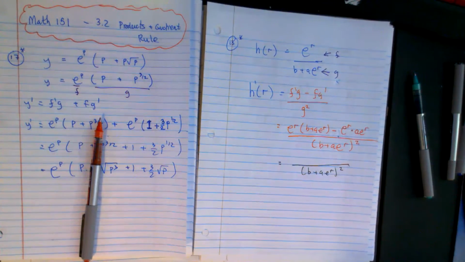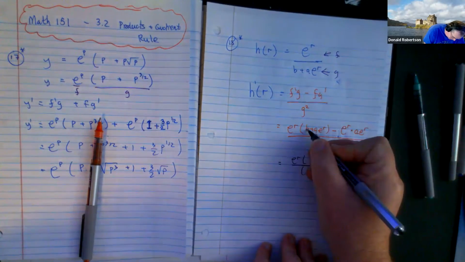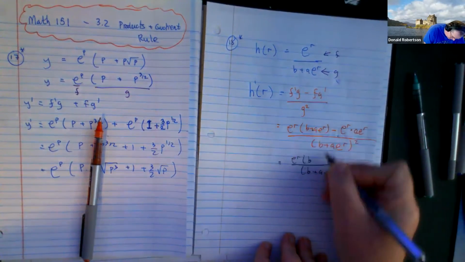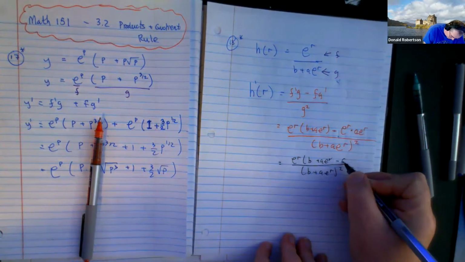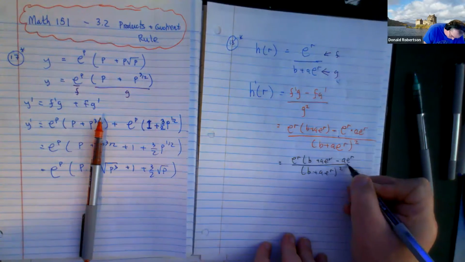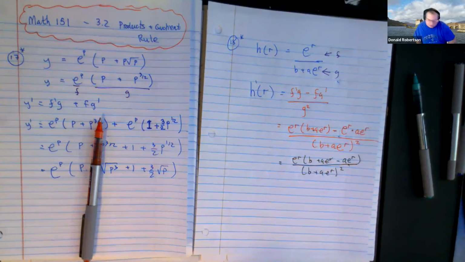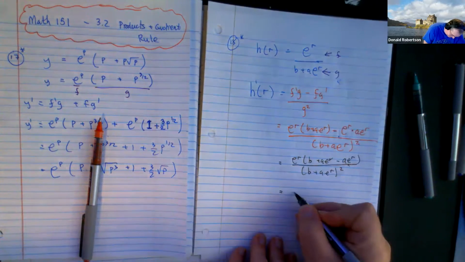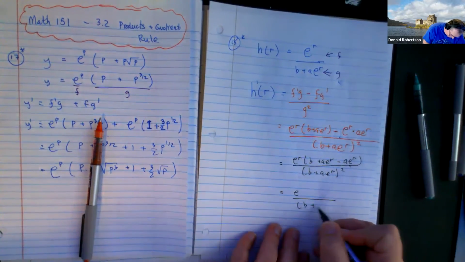If I factor out the e to the r, that's what I would suggest. And you're going to have a b plus an ae to the r. Subtract. Oh, that was nice. Did you see something nice happening here? Can I jump ahead of myself here?